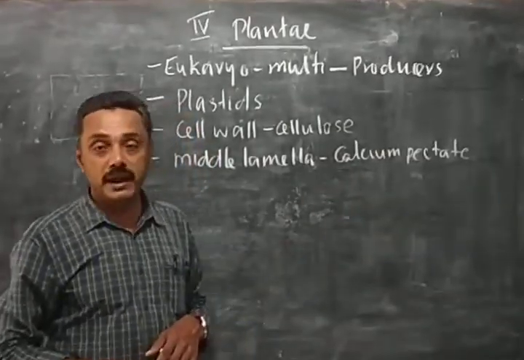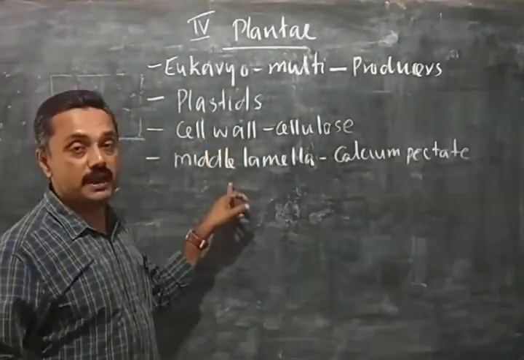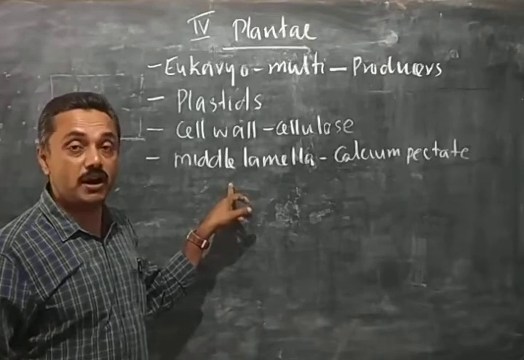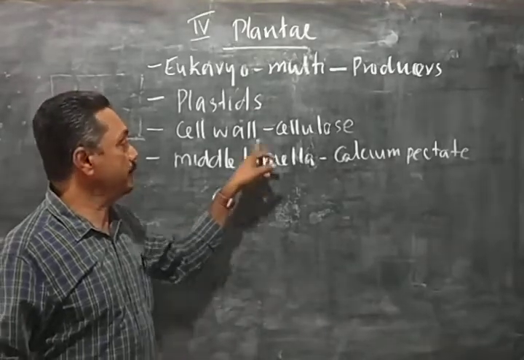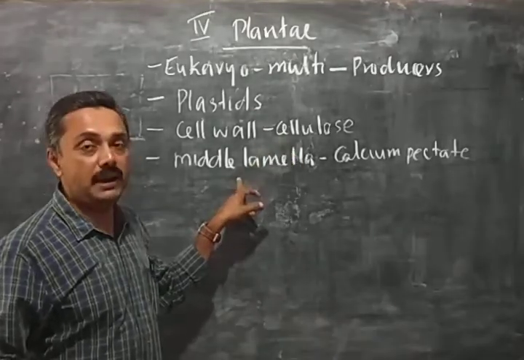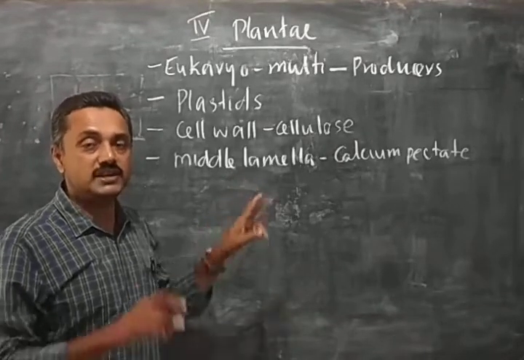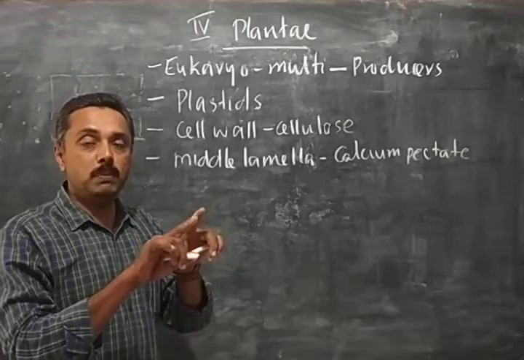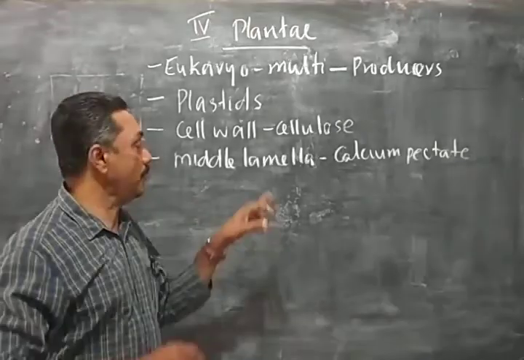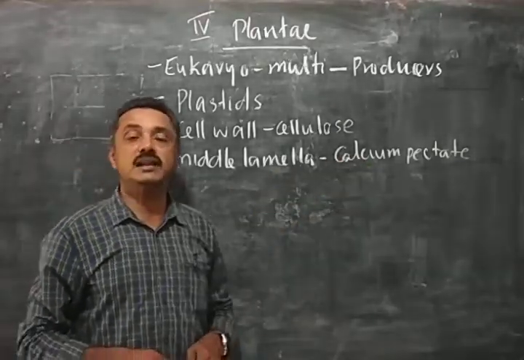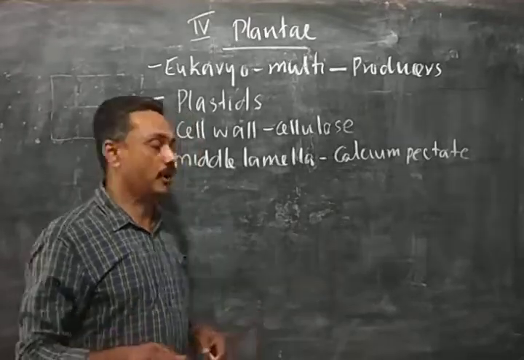Because of the cell wall and middle lamella, plant cells are very strong in appearance. The cell wall is made up of cellulose, and the middle lamella is the structure between 2 plant cells, made up of calcium pectate.